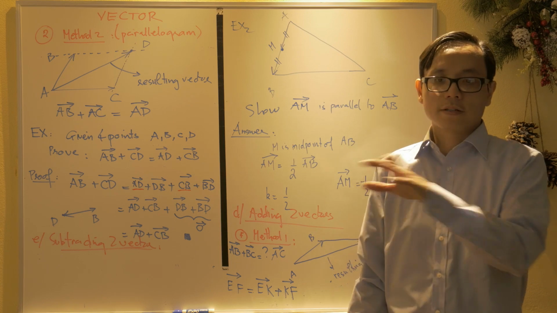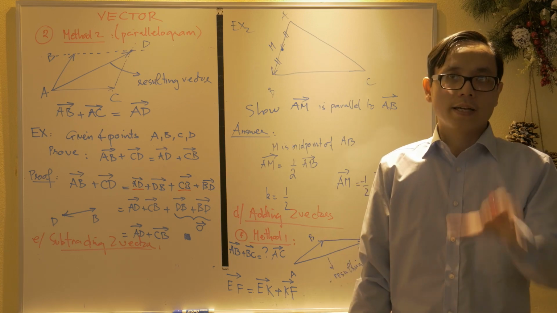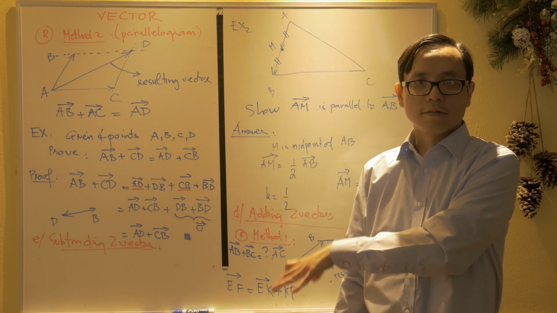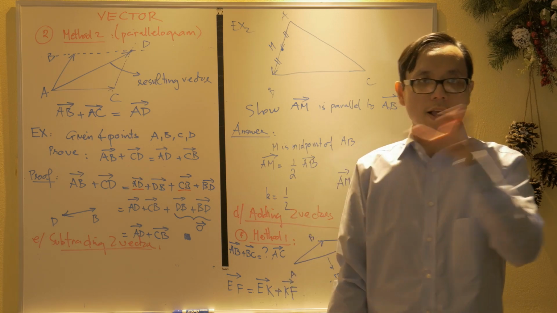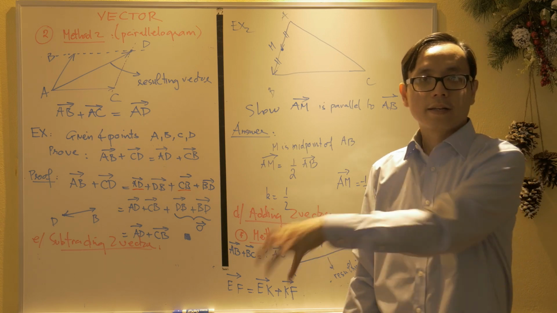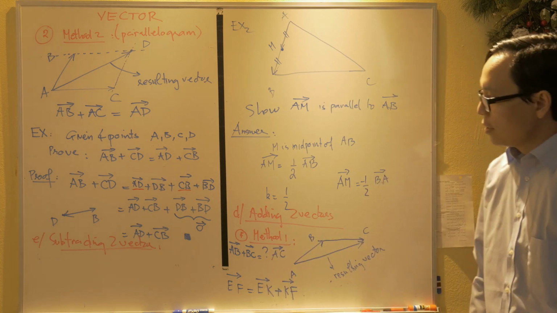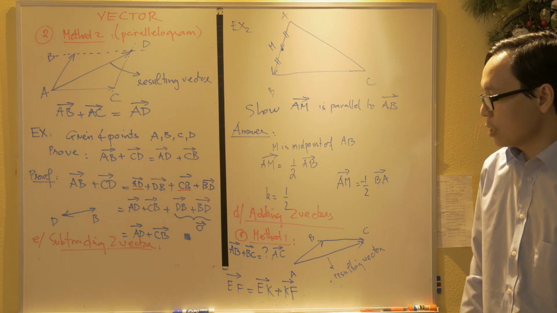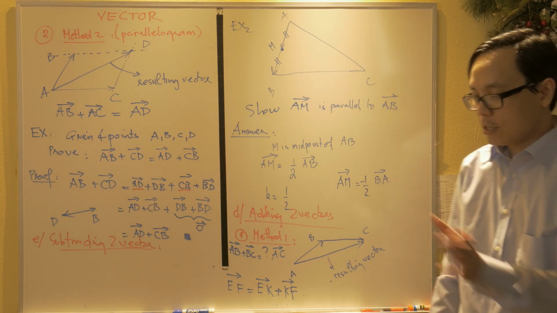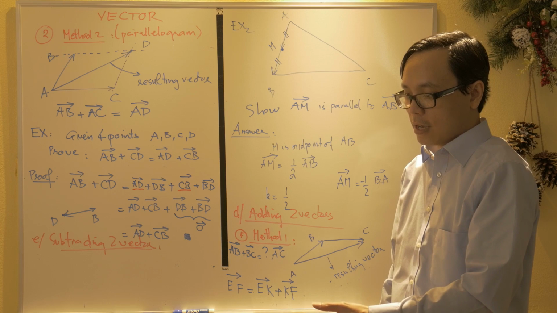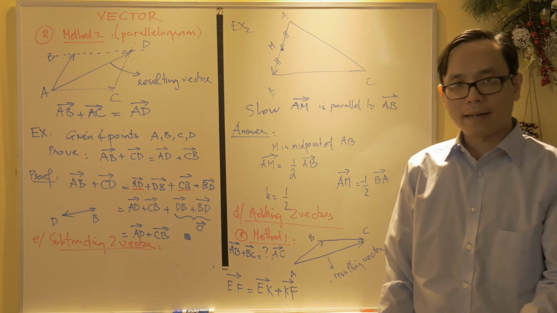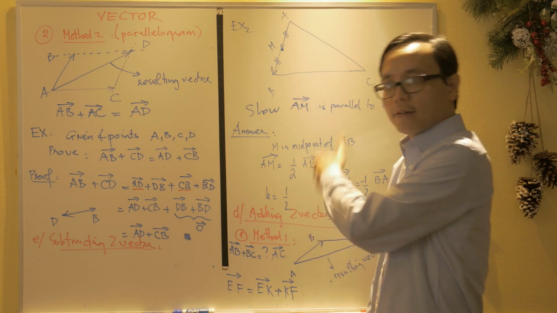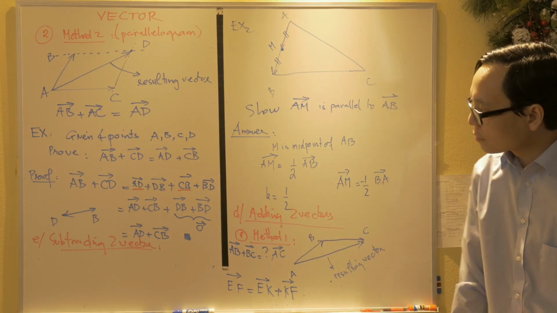So 5 minus 2 is the same as 5 plus negative 2. So this is the same for vectors. When you subtract two vectors, it's the same as adding the negative of the other vector.